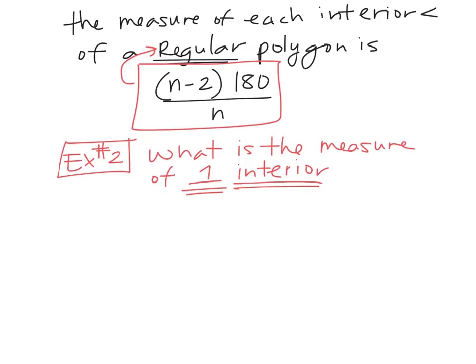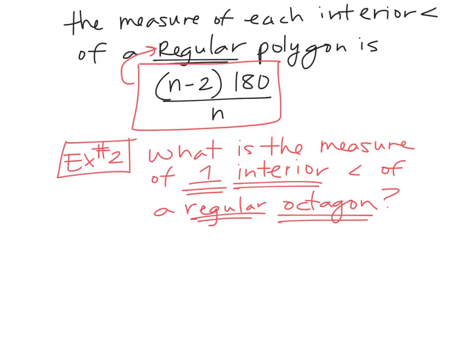The next thing I'm going to teach you about is the exterior angles. So you're looking for one interior angle of a regular, another key word, octagon. Okay, so regular meaning all the angles are going to be the same and all the sides are going to be the same. And it's an octagon.